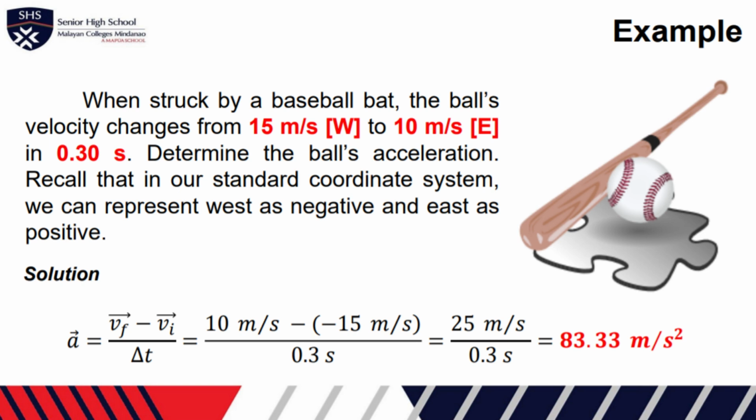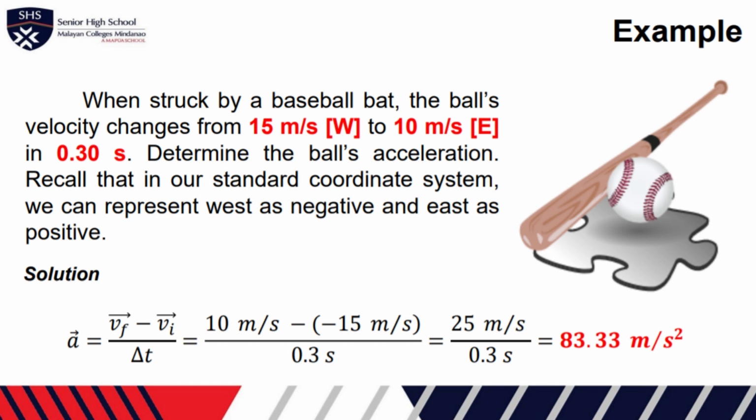Now, what should we do next? Simply, you will just substitute the values for each variable. So for the final velocity, we have there 10 meters per second, which is a positive value, minus the initial velocity, which is negative 15 meter per second. Now, question, why is it negative? Yes, correct.